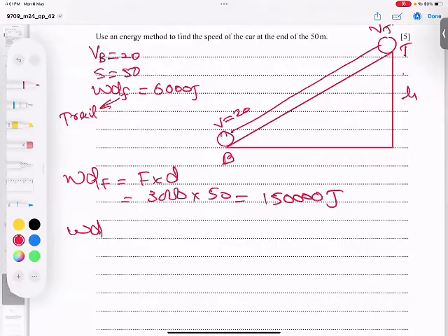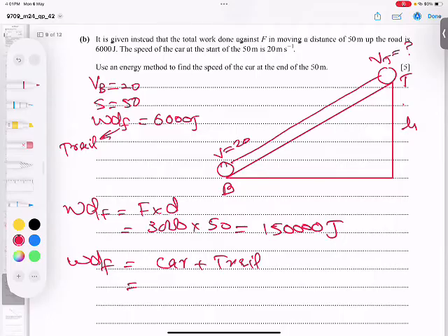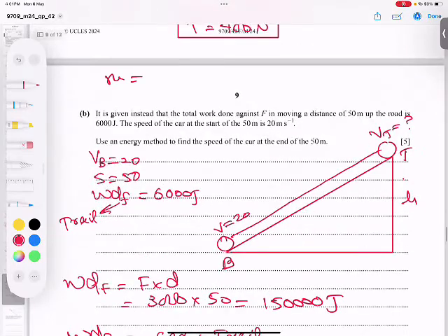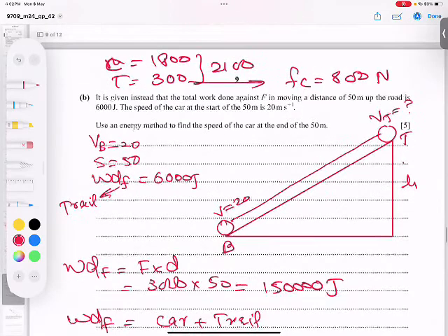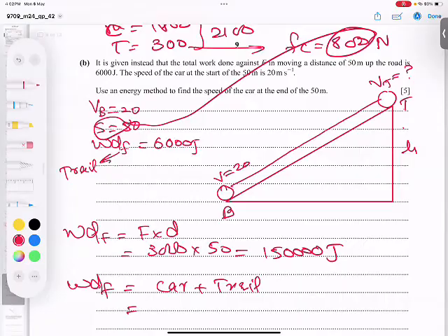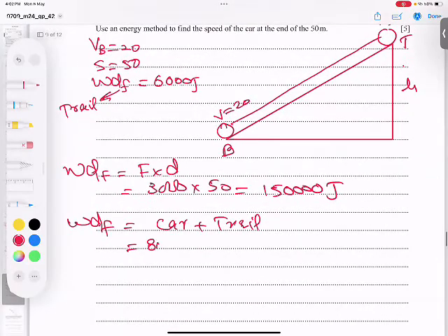Okay. Now work done by friction force is one by the car and one by the trailer. By the trailer is given by him. By the car, what is the mass of car? Is 800. Trailer is I think 300. If you add them, it becomes 2,100. And friction acting on a car is, I think, 800 newtons. So that 800 friction force into distance, so 800 times distance 50.